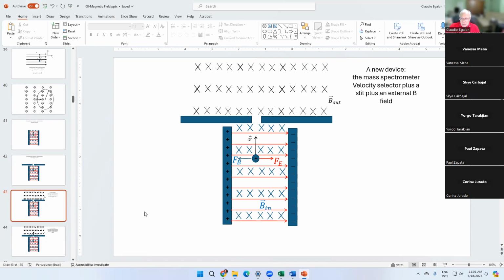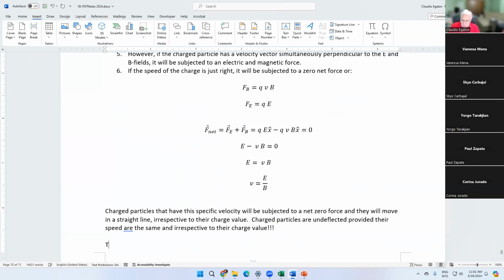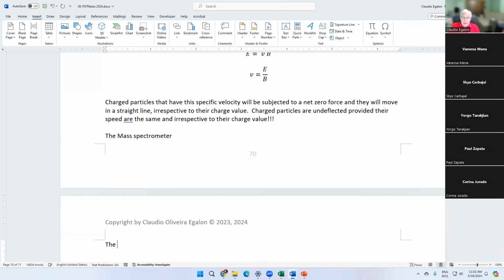The mass spectrometer is a combination of a velocity selector with an external magnetic field.